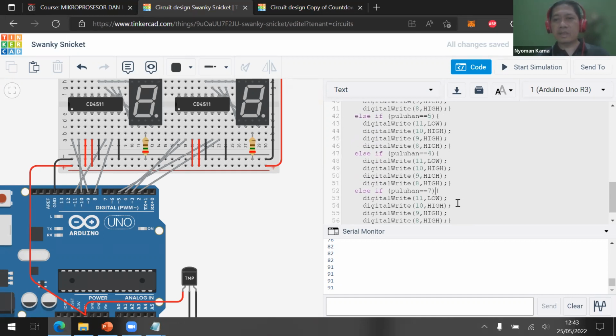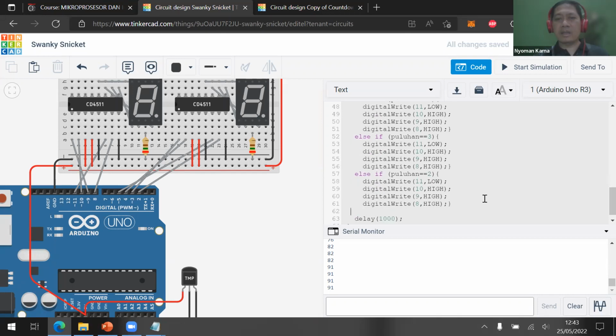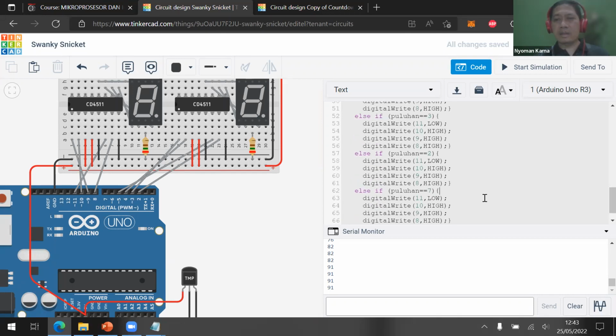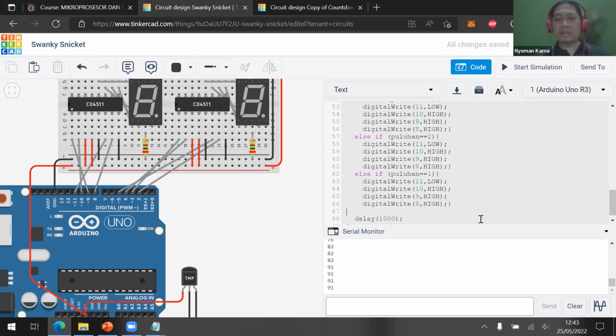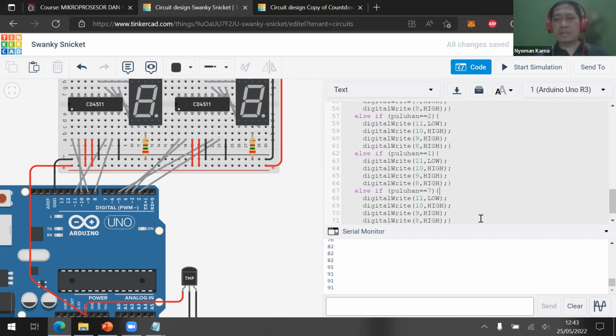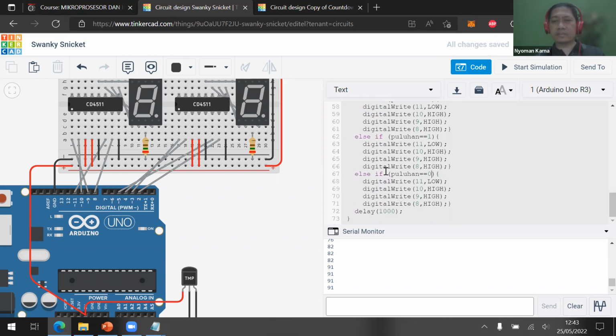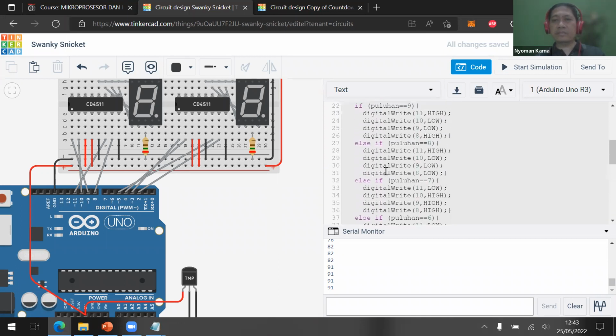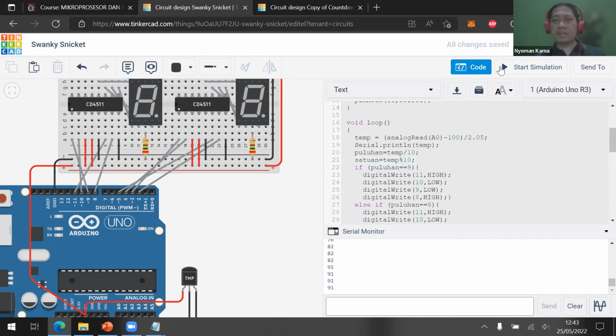This one is 3. And this one is 2. And then this one is 1. And then the last one is 0. Now, let's try it again.